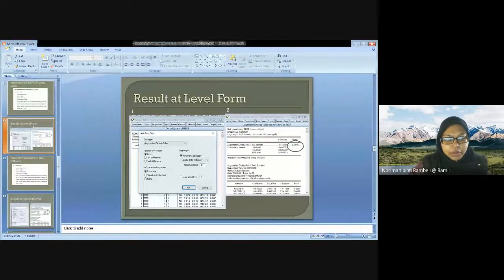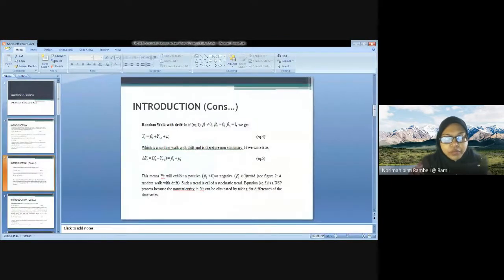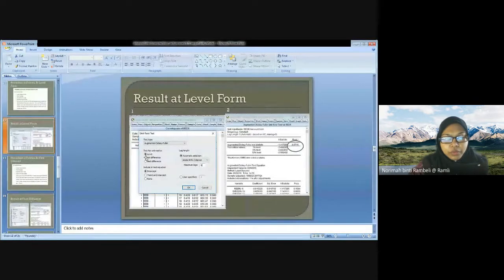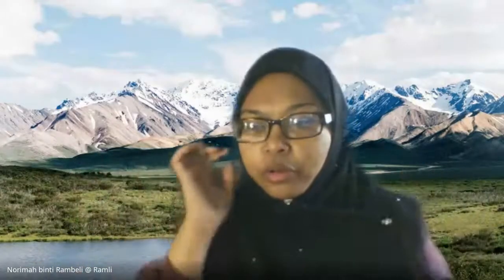So for random walk with drift, if you go to EViews, you will click the first selection, that is intercept. In EViews, they do not write drift, but they use another term, that is intercept. Can you understand? Okay, now I want to show the connection between the equation and the software.